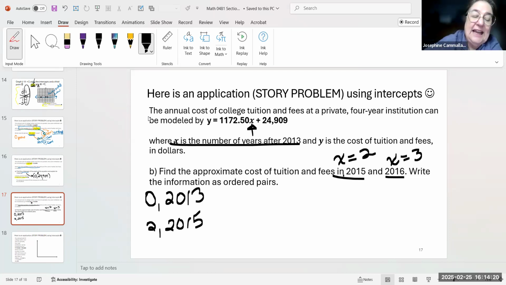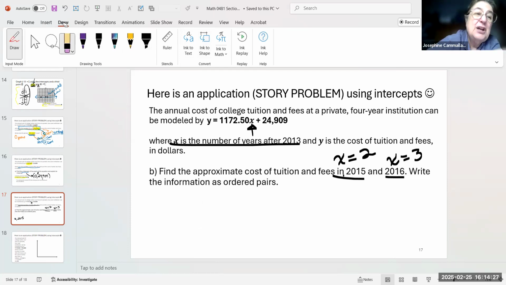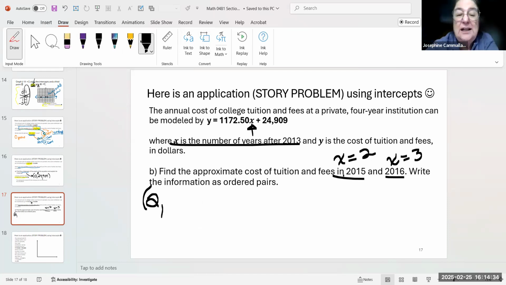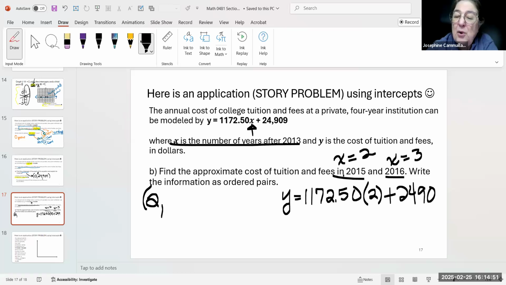So let's go a little further here, because I'm wanting 2015, which means my ordered pair has an X of 2. Okay, let's put this in. Y is equal to 1172.50 times 2 plus 24,909.